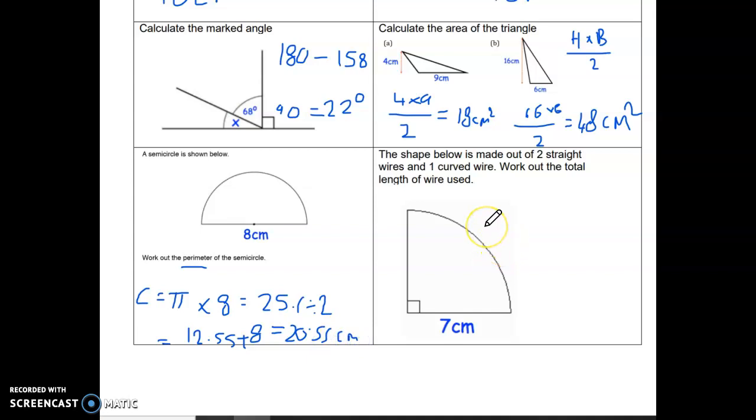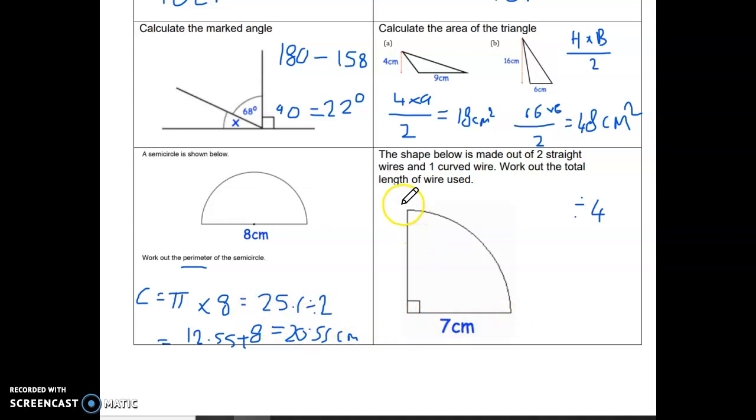This shape below is made out of 2 straight wires and 1 curved wire. Work out the total length of wire used. Actually it's quite similar to that, we're still after the perimeter. But what we'd have to do is work out the perimeter of the whole circle and then divide by 4. Circumference is pi times diameter, so that wouldn't be the diameter, the 7, that would only be the radius.